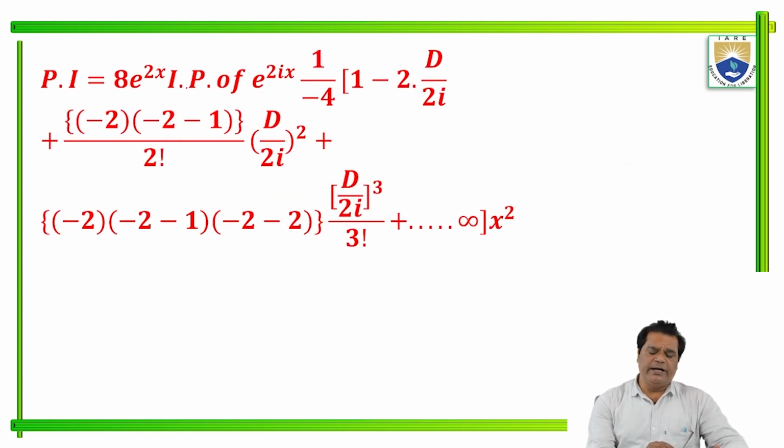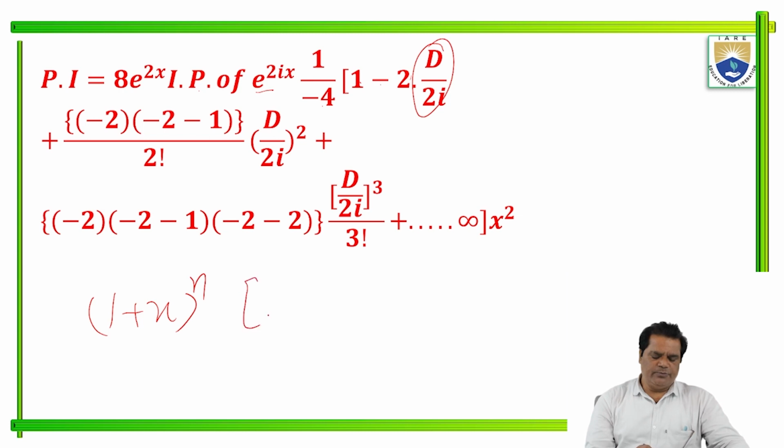8 e to the power 2x, imaginary part of e to the power 2ix, 1 upon minus 4. Now here I am using the same binomial formula. Here is 1 plus x to the power n, and here is 1 plus d upon 2i to the power minus 2.